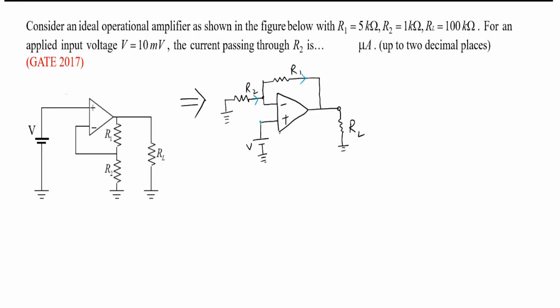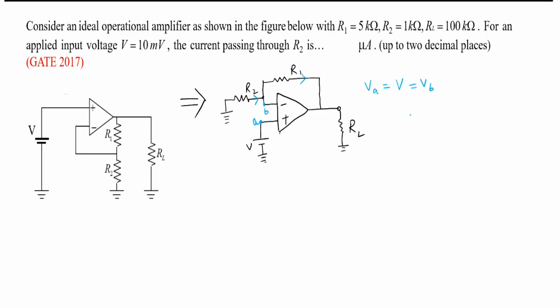Now, what is the voltage at A here? I'll call this A and B. What is the voltage at A? 10 millivolt, right? Yes or no? Yes, sir. And this is equal to VB by the concept of virtual ground, right?